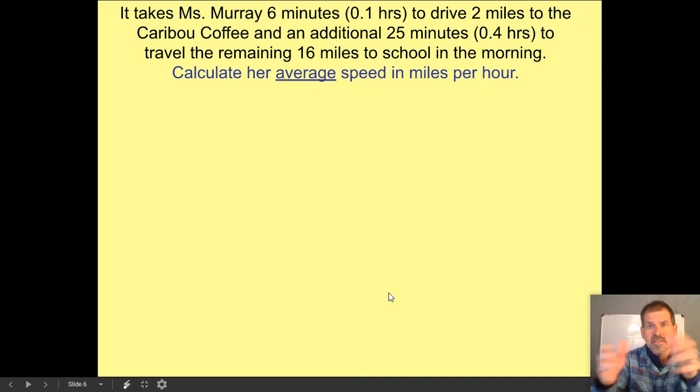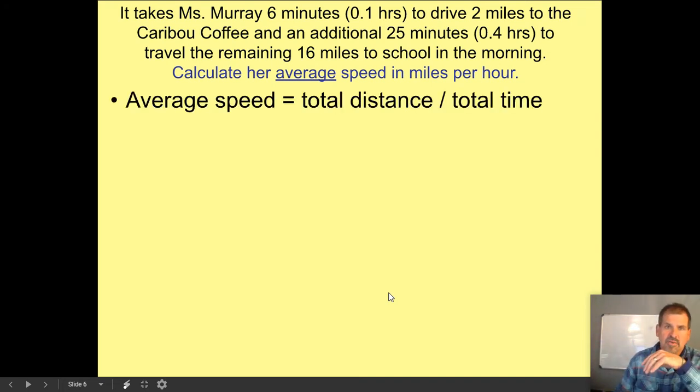All right, so there's our problem. Let's calculate our average speed. How do we do this, right? So average speed is total distance divided by total time, right? So again, this formula I want you to write down. Yes, we have speed equals distance over time, but now since we're talking about an average, we want to make sure we put in the total distance and the total time.